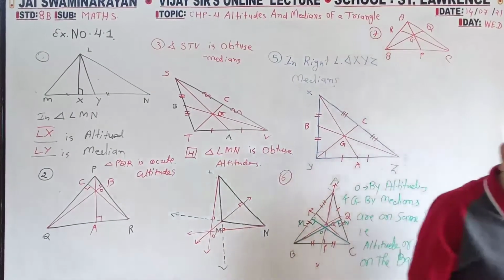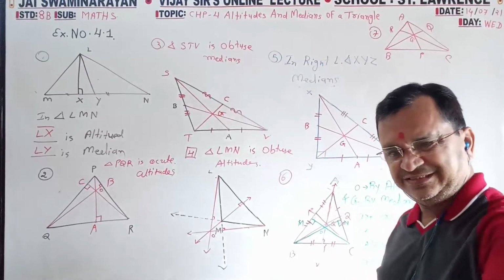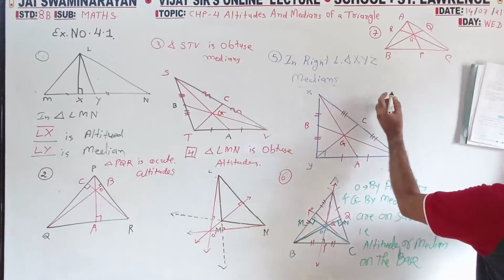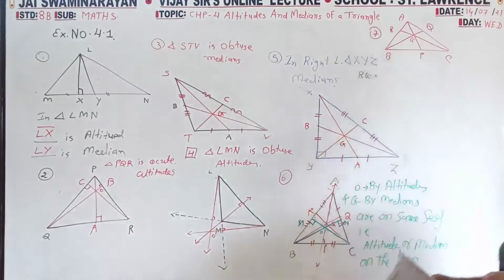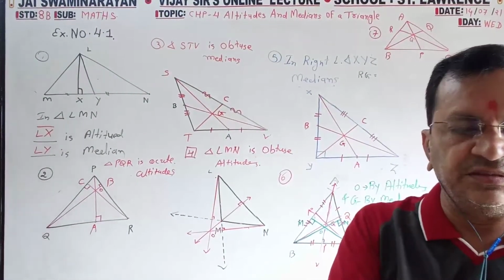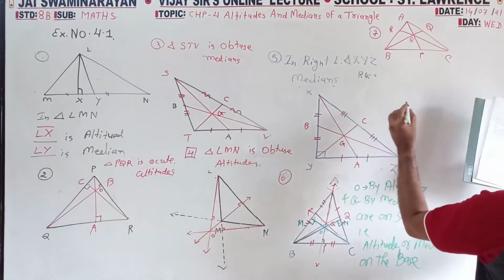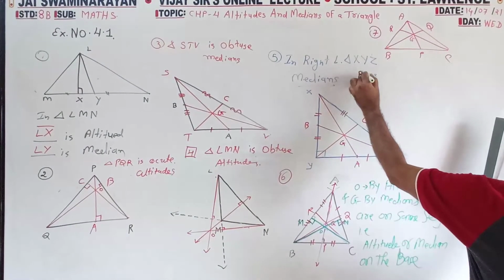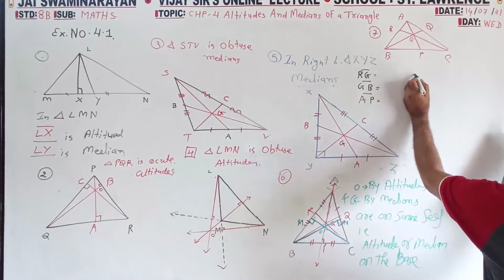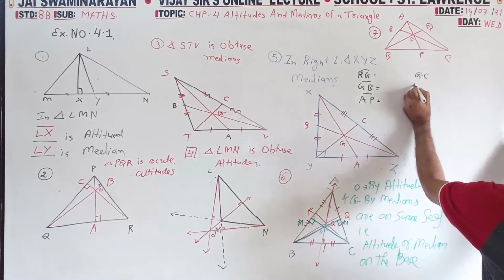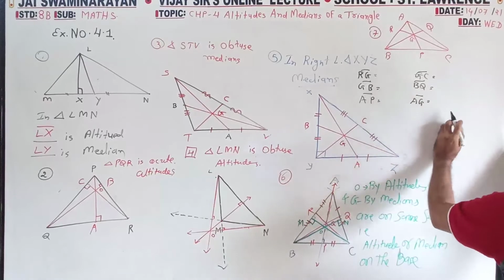Okay, now we have to find out RG, RG, GB, AP, then GC, then BQ, then AG, then GP.